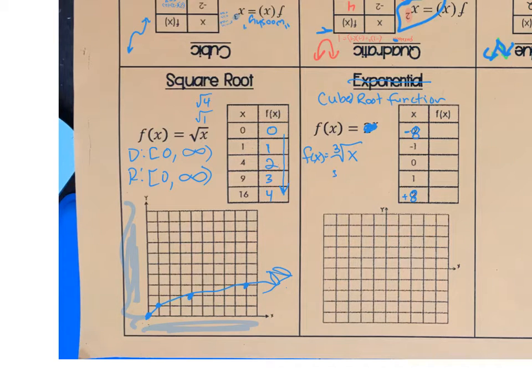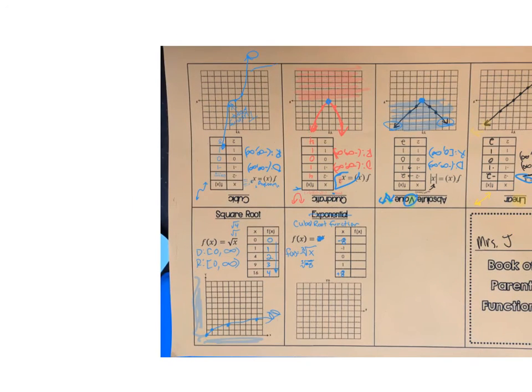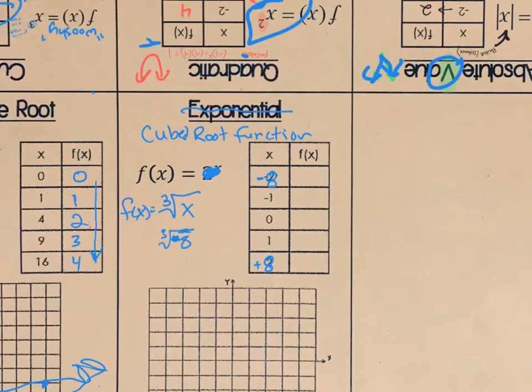So the cubed root of negative 8 is going to be similar to over here when we did negative 2 to the third power was negative 8. So if we do the opposite of that, we're going to get negative 2.